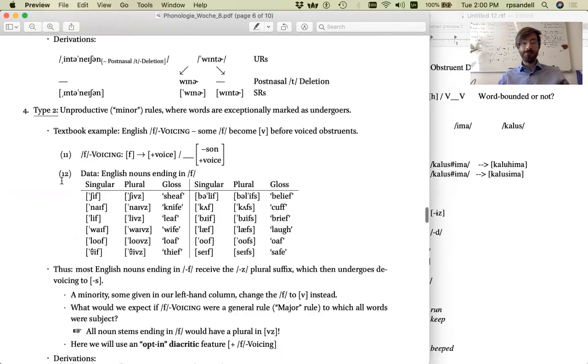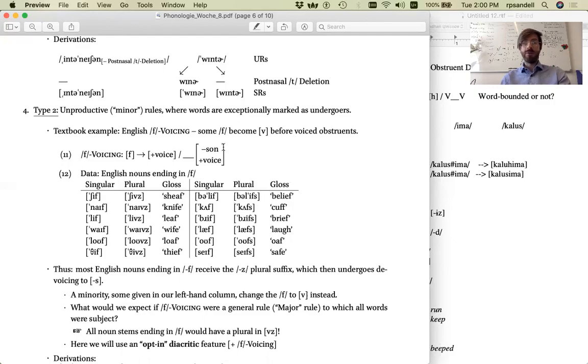So in English, there seems to be a process whereby some underlying instances of a voiceless labiodental fricative F become voiced before a voiced obstruent, especially in the plural form, which is the usual instance where we see this.